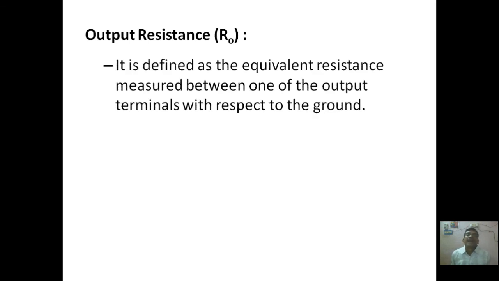It is defined as the equivalent resistance measured between one of the output terminals with respect to the ground. Okay, so we can take either stage of our differential amplifier. With respect to the ground, whatever resistance is present will be the output resistance of our differential amplifier, so that we can say the output resistance R naught is equal to RC.